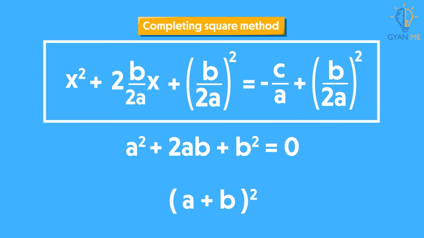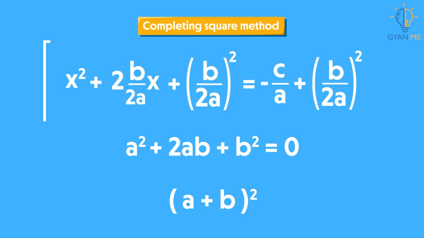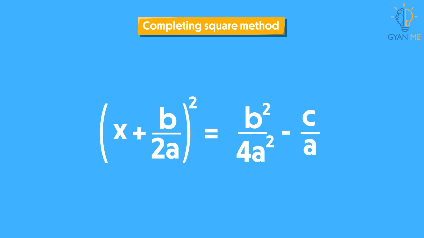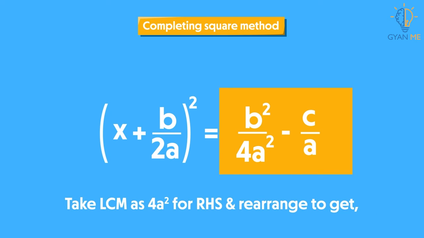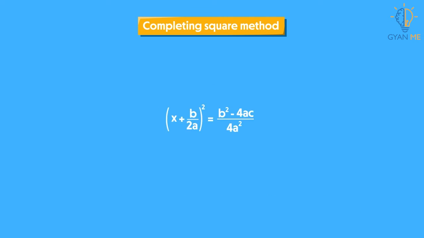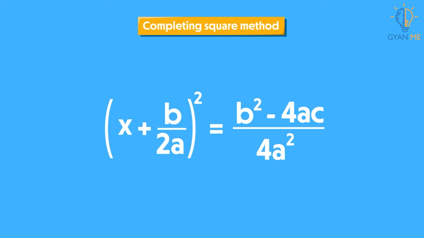Similarly, our expression can also be written as x plus b upon 2a whole square equal to b square upon 4a square minus c by a. Take LCM for RHS and rearrange it to get x plus b by 2a whole square equal to b square minus 4ac upon 4a square.